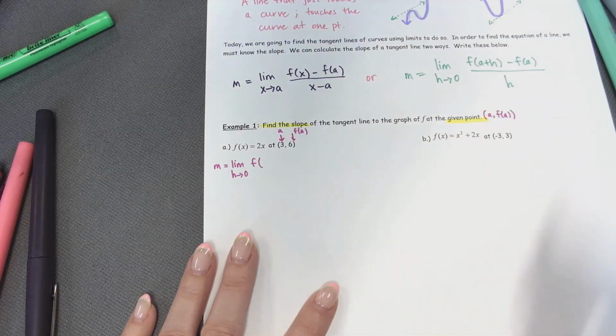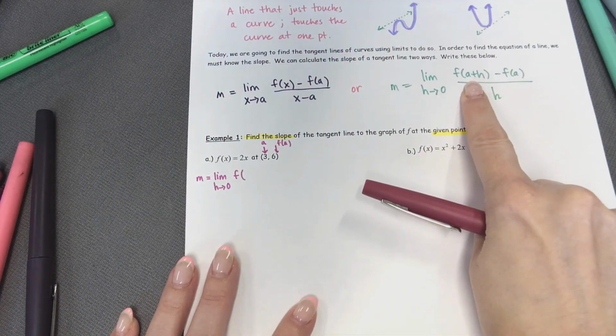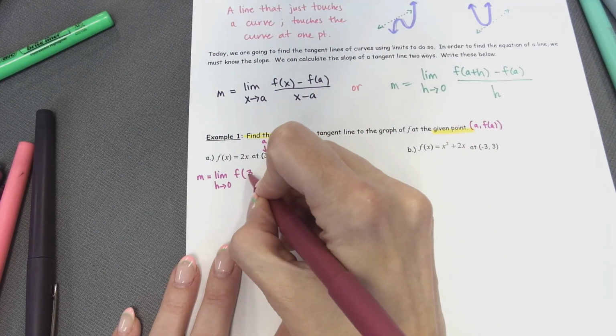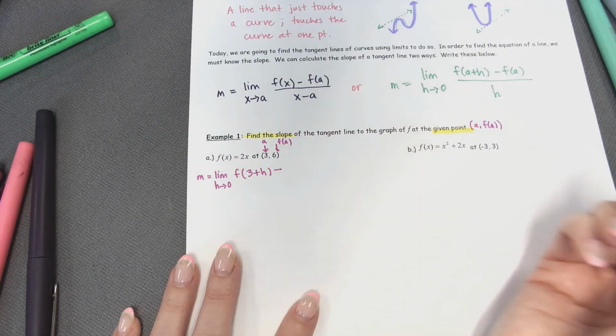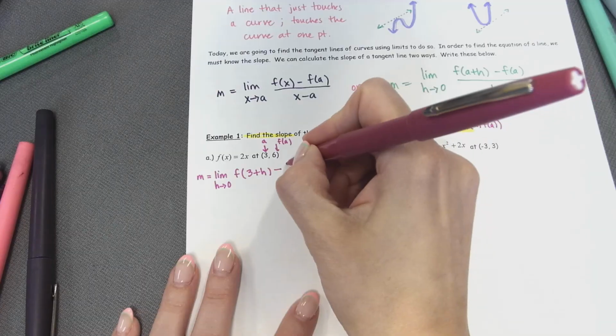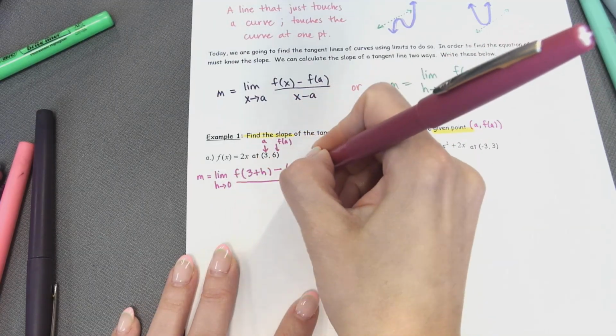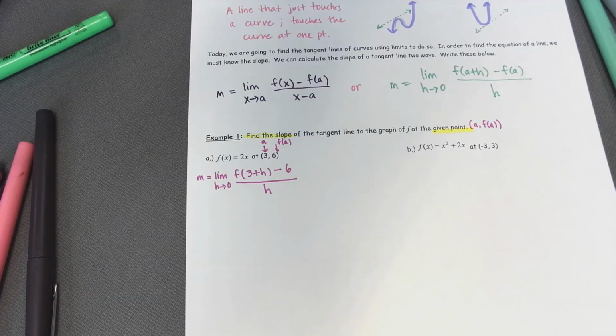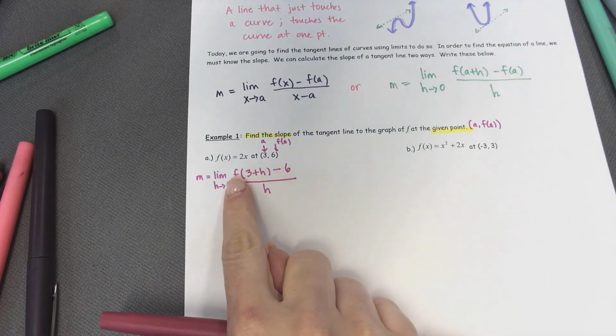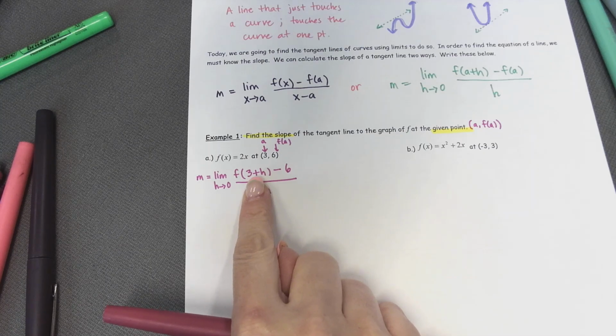And then f of, so if it's a plus h, I'm going to replace a with 3. And then it's a minus f of a. So I just have to write minus 6 divided by h. Okay, so now I need to do the f of 3 plus h.